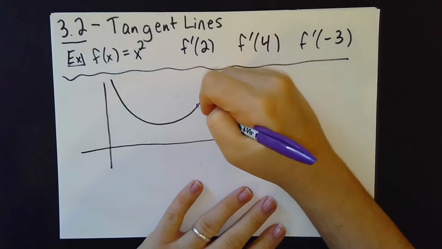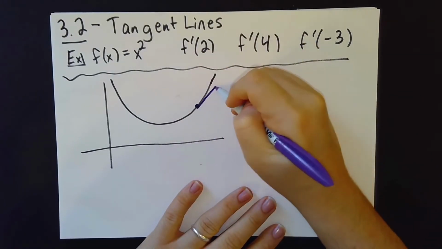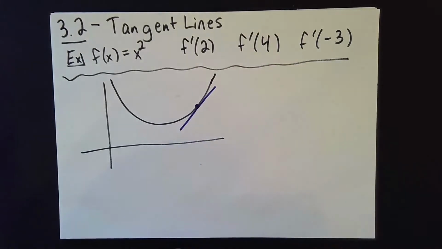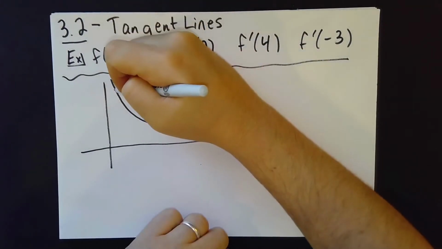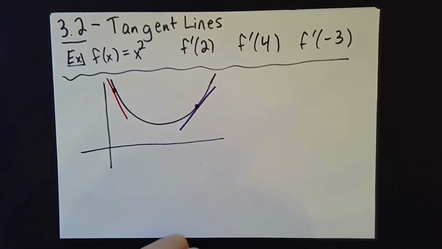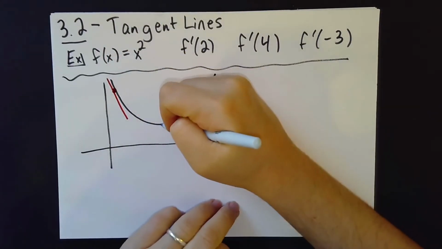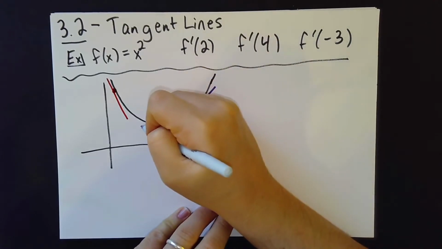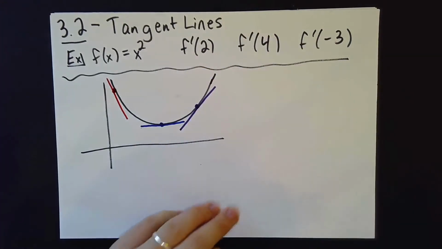Here, there's a tangent line that looks like this. Over here, there's a tangent line, and it looks like that, roughly speaking. Here, there's a tangent line, and it looks like that, roughly speaking.